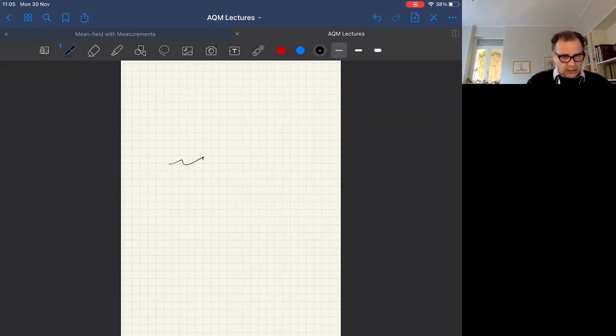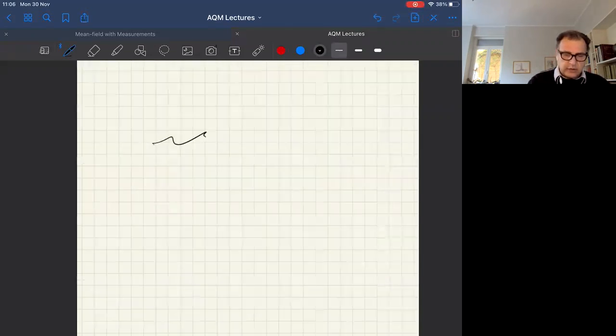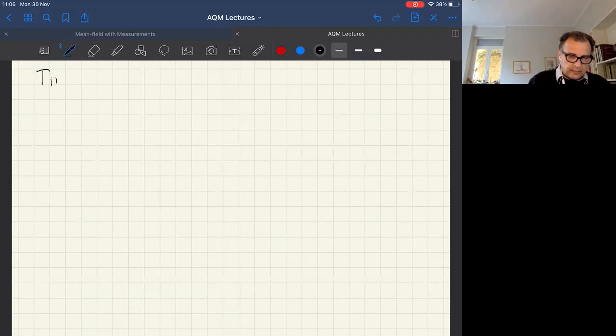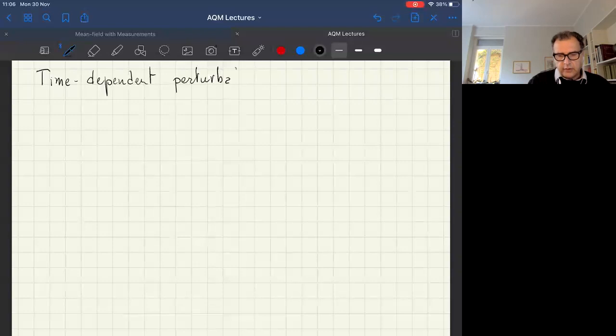Okay. So what we are going to do is time-dependent perturbation theory. Now, in the case of time independent, the goal, as I just repeated, was the following.